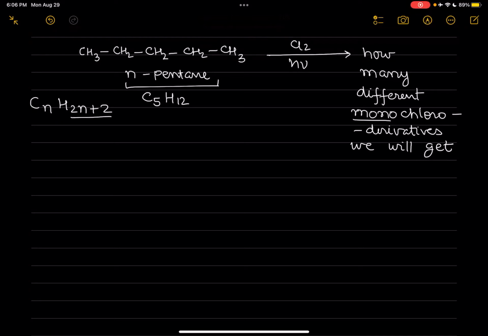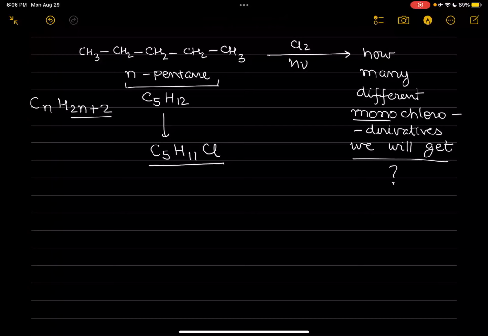So if we do the chlorination, we will remove one hydrogen and we will put one chlorine. So how many different structures are possible?